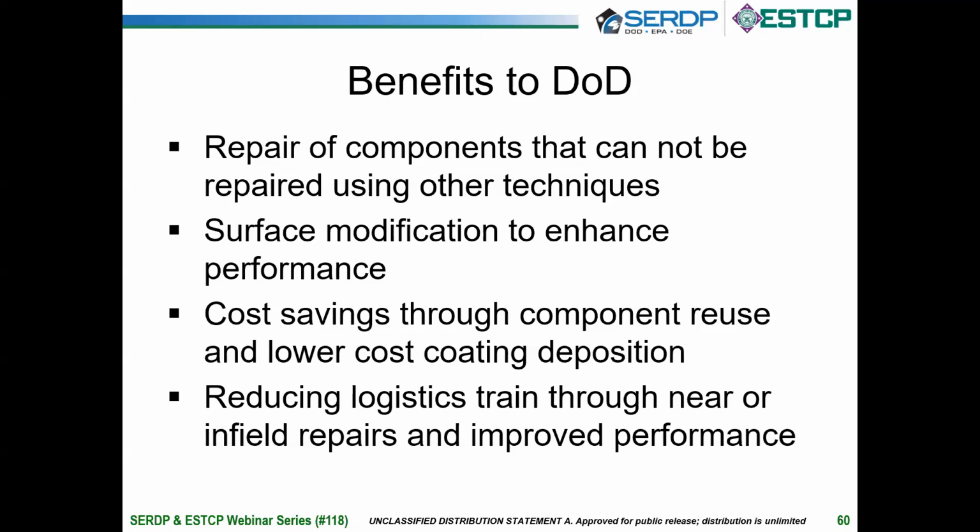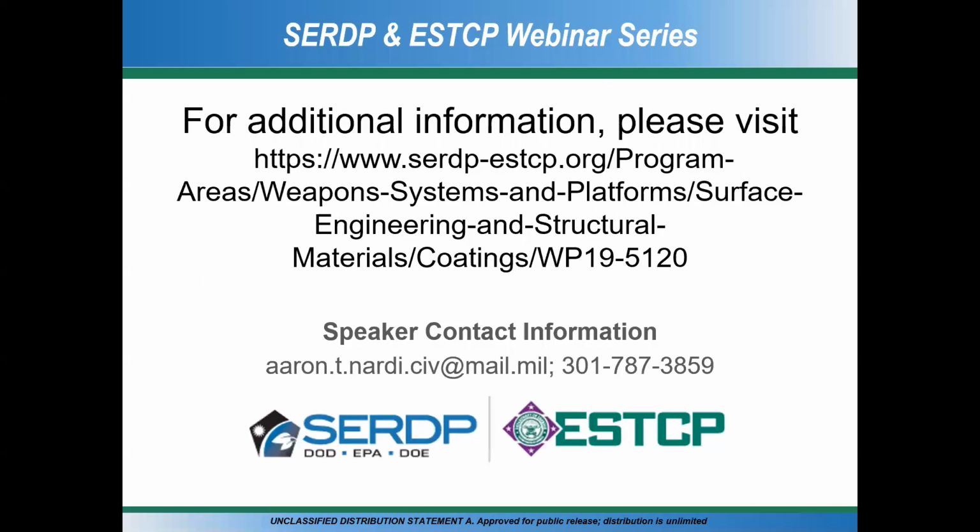So cost savings, logistics reduction, all of these are big benefits that we're currently seeing across the DoD. And as this rolls out to more depots, shipyards, and so forth, we expect these advantages to grow. So with that, I'll take any questions that there are.